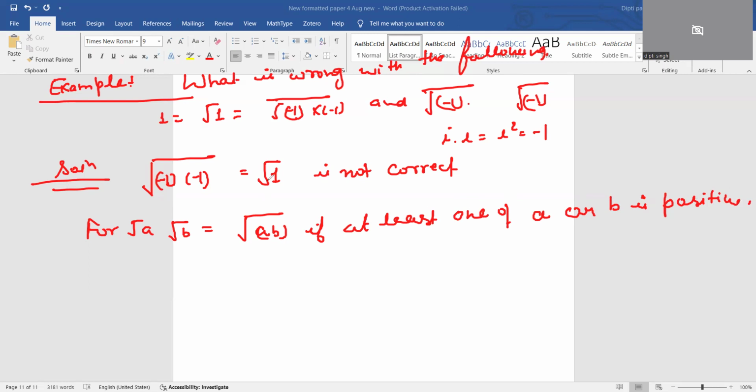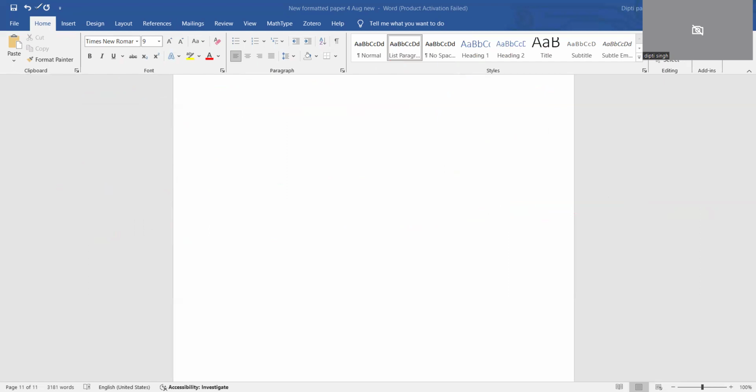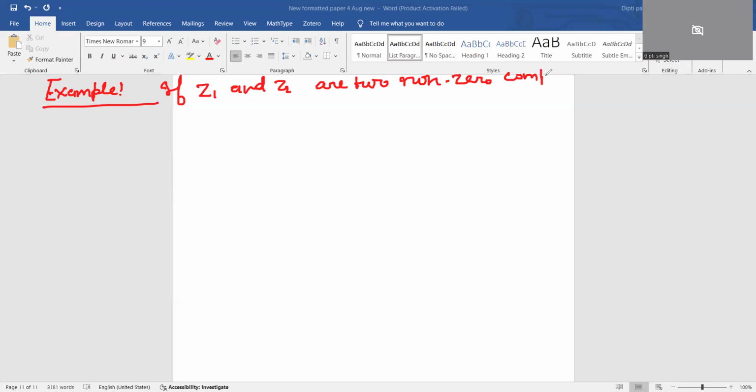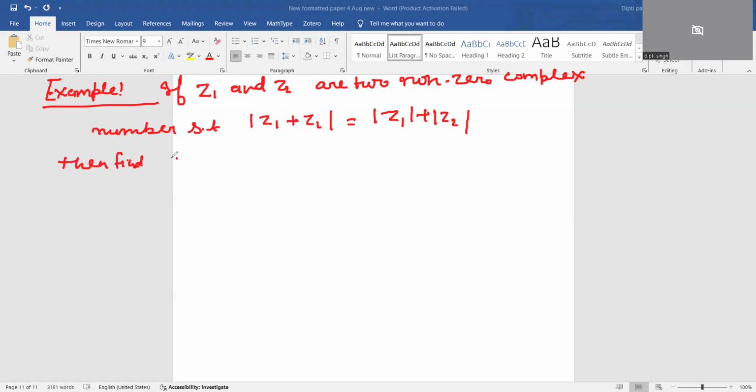Now we move to the next. If Z1 and Z2 are two non-zero complex numbers such that modulus of Z1 plus Z2 will be modulus of Z1 plus modulus of Z2, then find argument of Z1 minus argument of Z2.